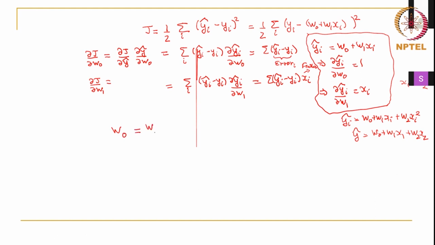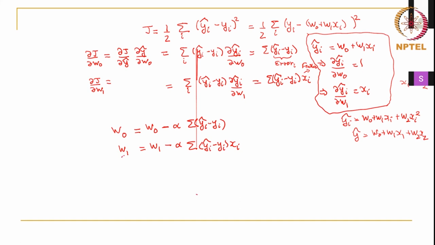Whatever our initial W0 was, this is going to be minus alpha times summation of y hat i minus yi, and W1 is going to be W1 minus alpha times summation of y hat i minus yi times xi, weighted by the specific feature that this multiplies.